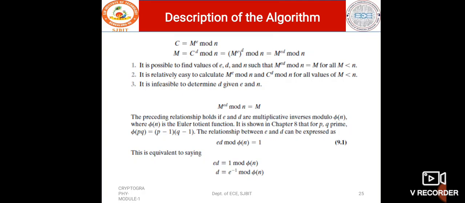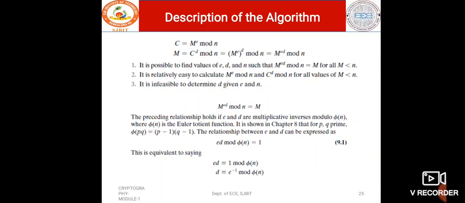Second, it is relatively easy to calculate M power e mod n and C power d mod n for all values of M less than n. Third, it is infeasible to determine d given e and n. For now, we focus on the first requirement and consider the other questions later.